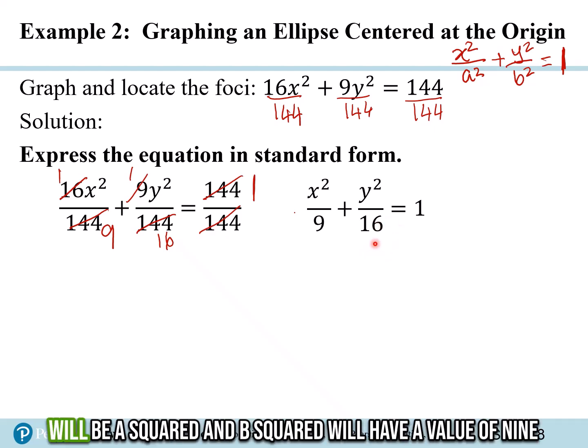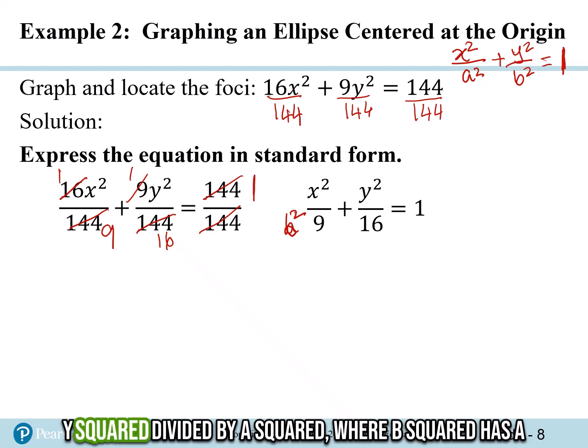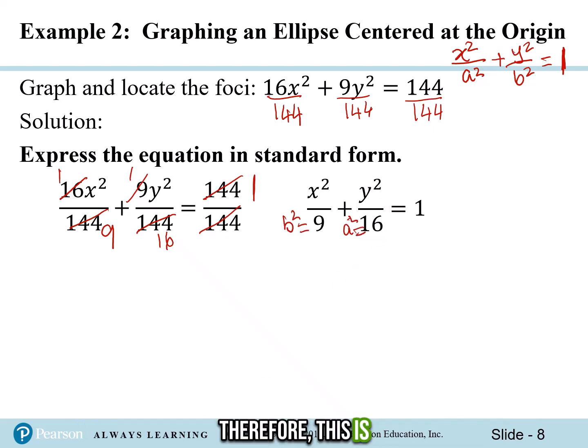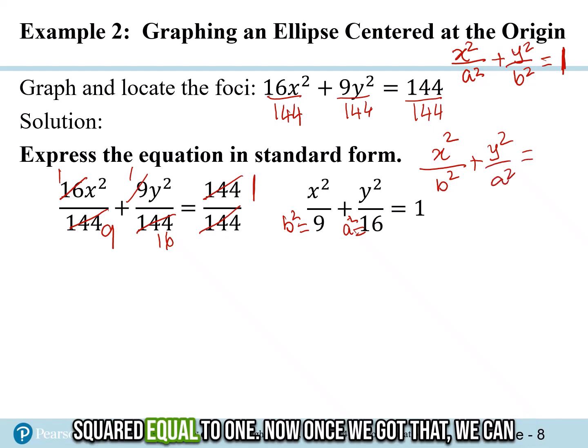So 16 will be A squared and B squared will have a value of 9. Therefore, this will be x squared divided by b squared and y squared divided by a squared, where b squared has a value of 9 and a squared has a value of 16. Therefore, this is a vertically positioned ellipse. It's of the form x squared divided by b squared plus y squared divided by a squared equal to 1.